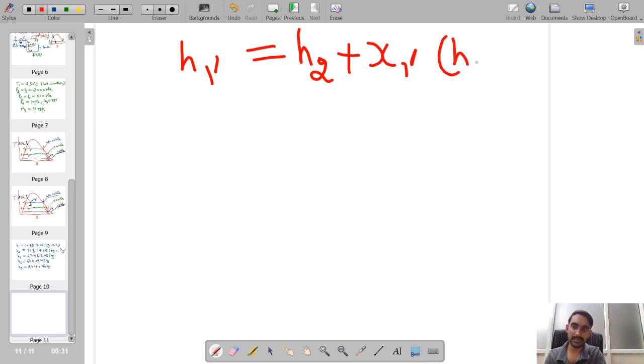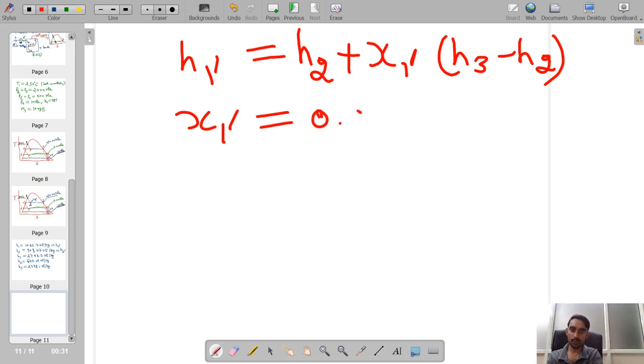Vapor is H3 minus liquid is H2. If I substitute the values of enthalpies here, I will find that X1 dash comes out to be equal to 0.093781.